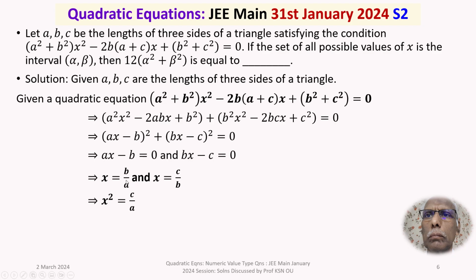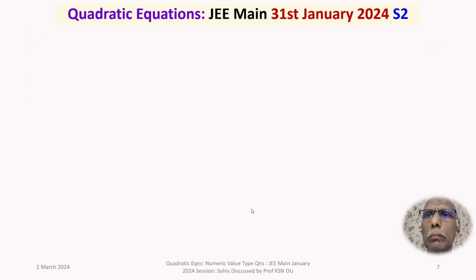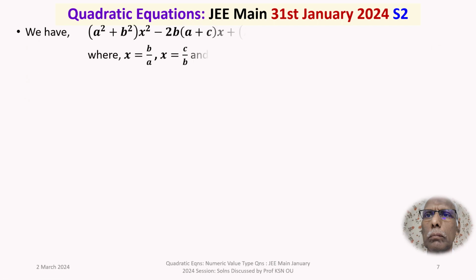When multiplied, we will get x square, b cancels, b by a multiplied by c by b, and you will get c by a. x square is equal to c by a. We continue the discussion in the next slide.